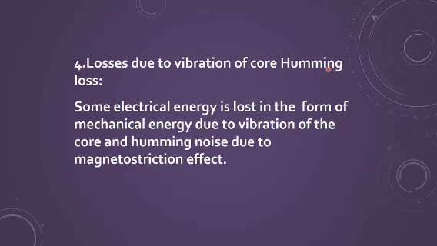There is also a humming noise, which is actually because of the vibration of the core. This matters when heavy transformers are used in machinery. For the small 24 volt transformer I have shown you, this loss may not be there, because the heat loss will go into the surroundings.